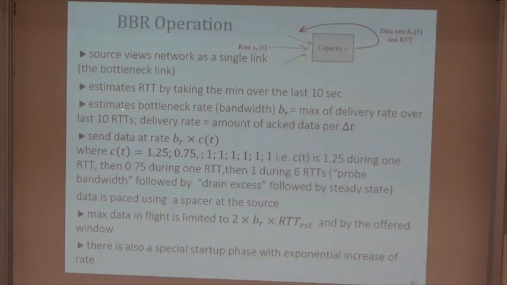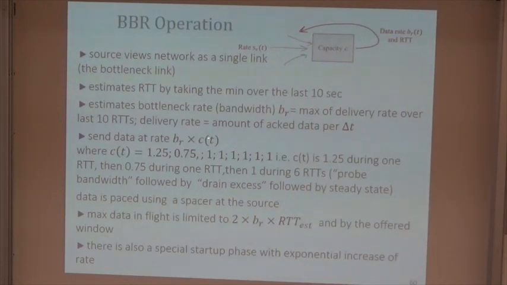The second element, the source estimates the bottleneck rate, which is the maximum bandwidth, called bandwidth because it's computer science, but it's really a rate, which is the maximum rate you can achieve over 10 RTTs. Right? And this is by simply looking at how much ACKed data has been received.